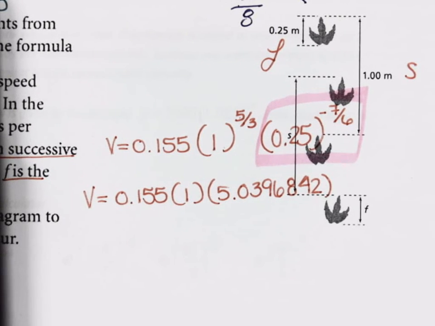Okay, so 0.25 to the exponent, bracket -7 divided by 6. So that's the order. 0.25, exponent, brackets, -7 divided by 6, bracket.